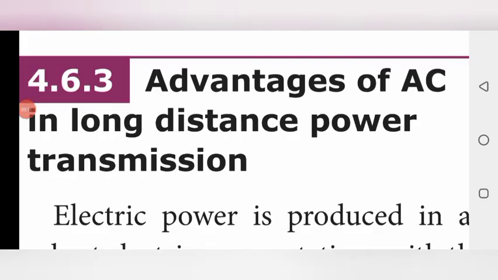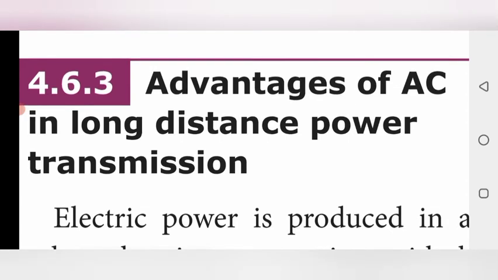Then the next topic is the advantages of AC in long distance power transmission. When AC is produced in the power station, it can travel a long distance. First it is converted by the step up transformer. What is the usage of a step up transformer? It increases the voltage by decreasing the current value, and it reaches the city side step down transformer.